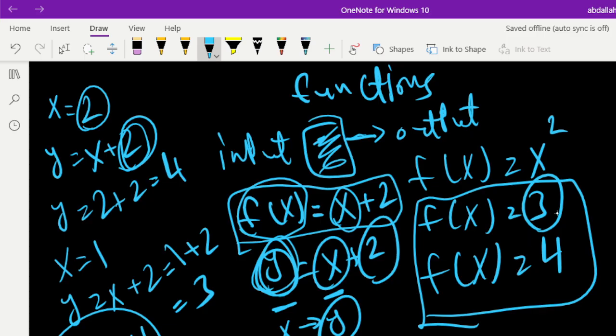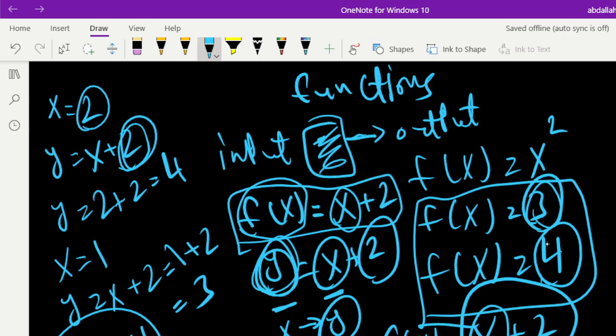The function has no variables. Here, f(x) equals x plus 2, we have x here, this is a variable, but here we have no variables, so this is called a constant function. And x plus 2 is called a linear function.